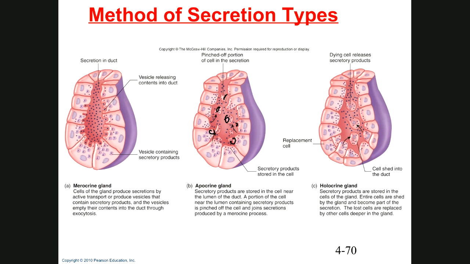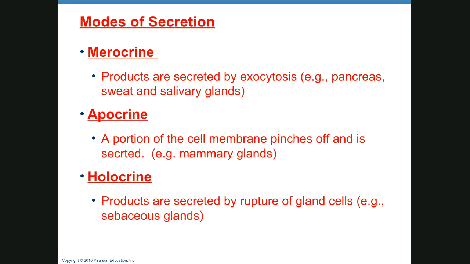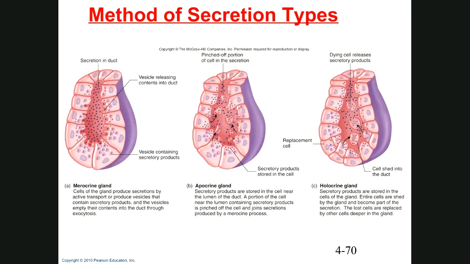So that's called apocrine secretion. The third and last are holocrine glands, and in this case, the entire cell is secreted. The entire cell ruptures and dislodges from the gland, and that's the actual secretion of the gland. Sebaceous glands, oil glands, secrete their product in this manner. You can see here in the picture the entire cell being released as the secretion.